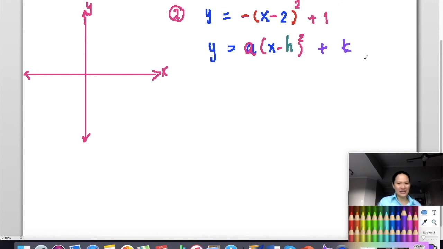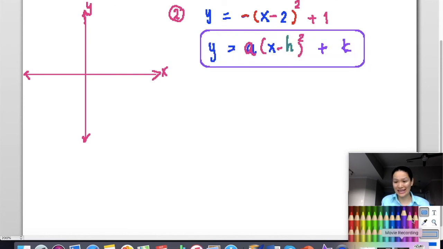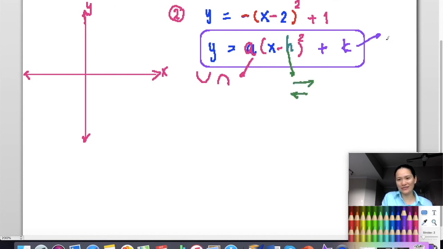Let me recap this one for you in case you can't remember well. A refers to whether our graph is going to be upright or inverted. H represents whether it shifts right or left. K represents whether it goes up or down.